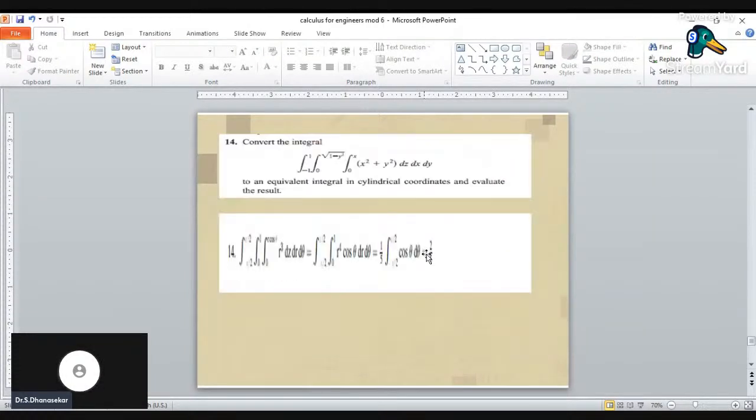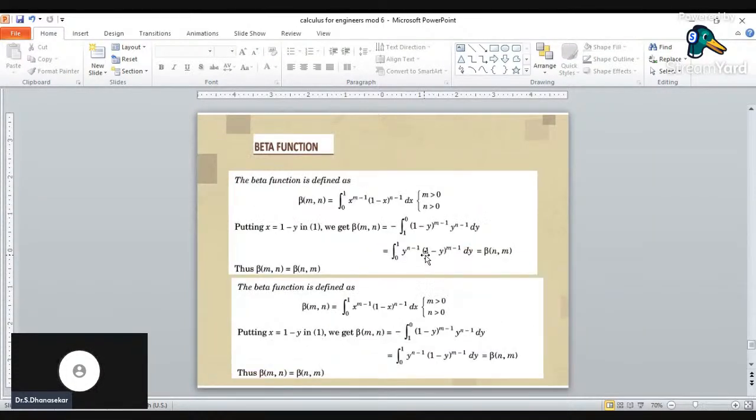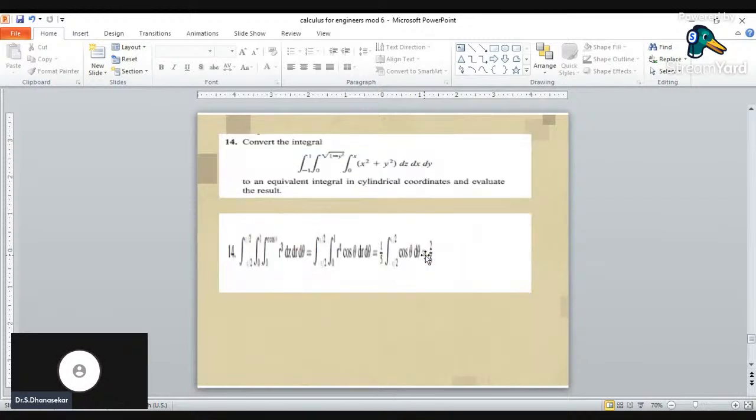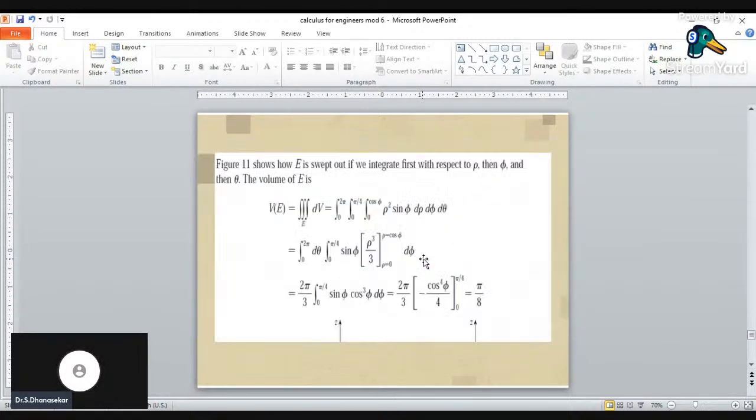This whole unit is very easy when you practice many problems. The first and foremost thing is you should know how to sketch the region. That is the very important part to remember.